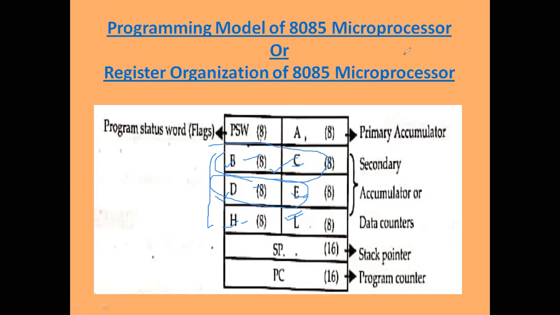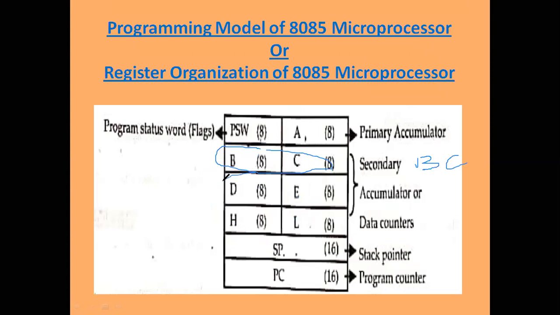We can combine B and C to make the pair BC. BC is a register pair used to store 16-bit information, which can be your 16-bit data or your 16-bit address.